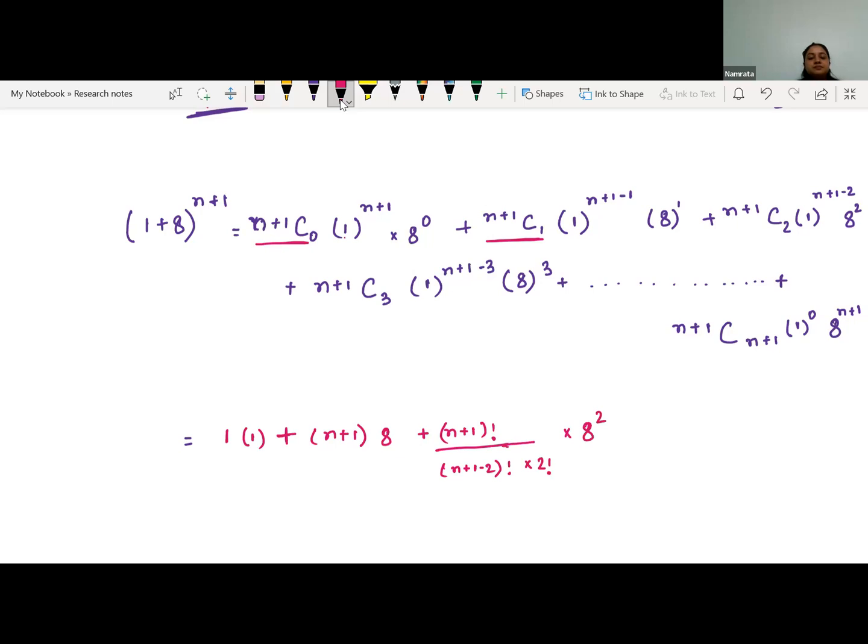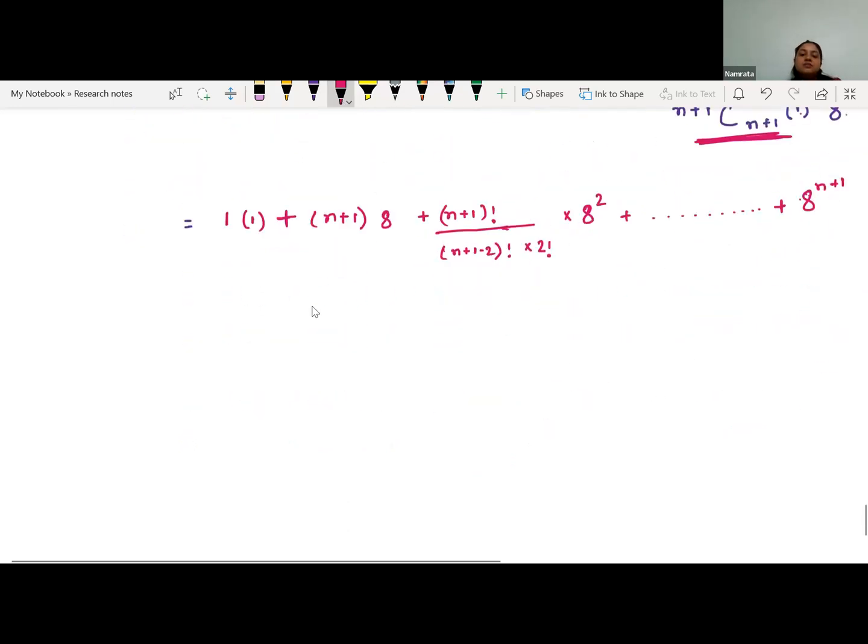Right? Yes, ma'am. Let's write the remaining term as it is. Plus we will be having n plus 1 c n plus 1. This will be 1, 1 to the power 0, 1, and 8 to the power n plus 1.